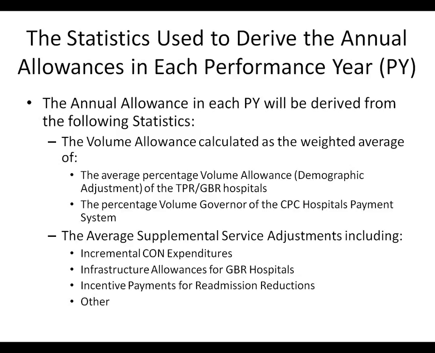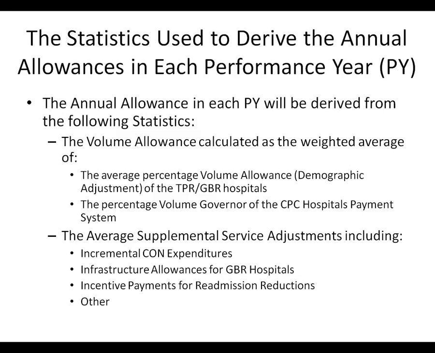So I want to begin by just enumerating these statistics, and the first of which is the volume allowance, which would be viewed as a combination of the explicit allowances that are being given to the hospitals that are on the TPR and the GBR systems, and the amount of the volume governor that would apply to the hospitals that remain on the CPC systems.